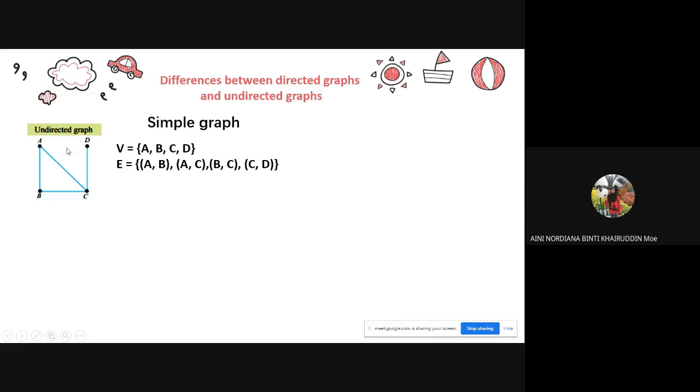This is for the undirected graph. The sum of degrees is 4 times 2, which is 8, because the edges here are 4. For the directed graph, as you can see, the only difference is the arrow. Undirected graph has no arrow, but directed graph has an arrow.